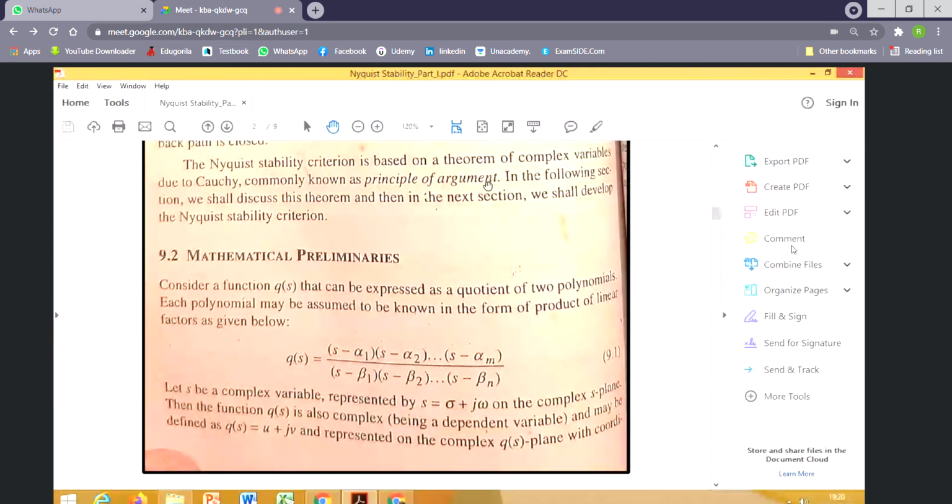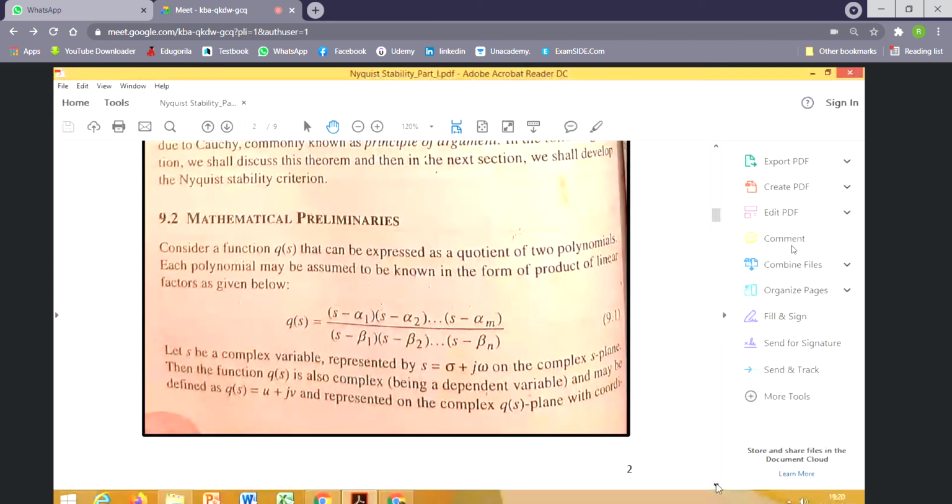So, if we want to learn the Nyquist stability criterion, or understand its essence, then first of all, we'll have to learn the principle of argument. Clear? So, in the next section, first we'll learn the principle of argument, which is a theorem of complex variable proposed by Cauchy.